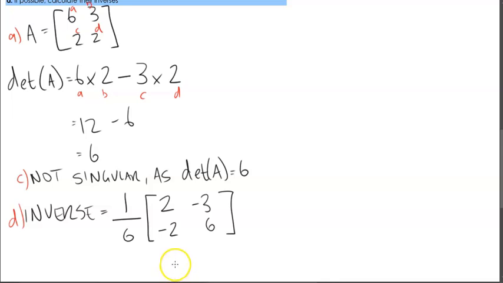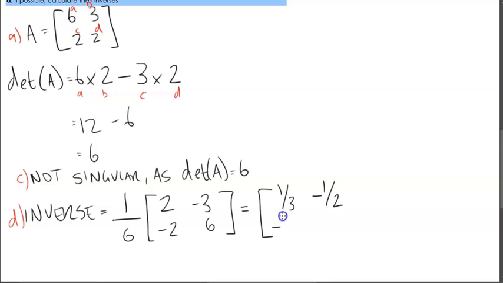There's your inverse. Now we can go one step further to try to figure this out. We can multiply the scalar with what numbers there are within here. So 1/6 times 2 is 2/6, which is just 1/3. You can use a calculator to simplify that. -3 over 6 is just -half.